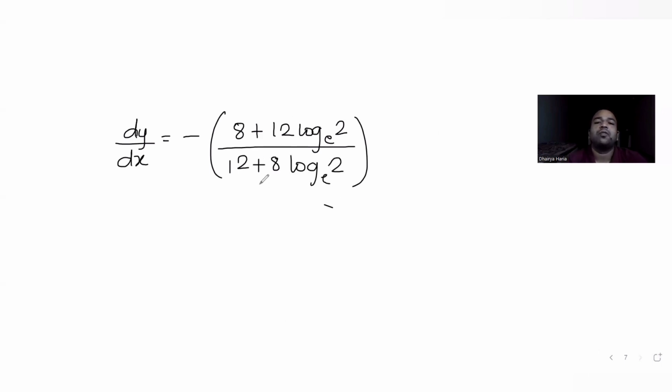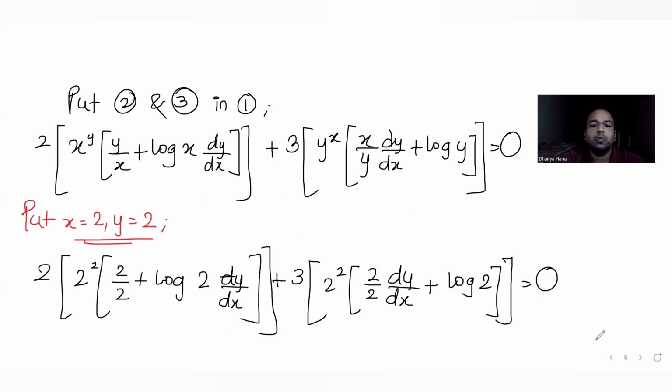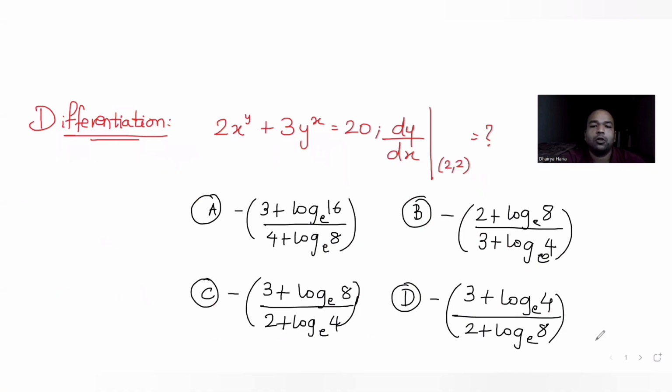If I take out 4 common from both of them, I get 2 plus 3 log 2 to the base e. Here also if I take out 4 common, you have 3 plus 2 log 2. So the 4 and 4 get cancelled out. You are left with minus 2 plus 3 log 2 upon 3 plus 2 log 2.